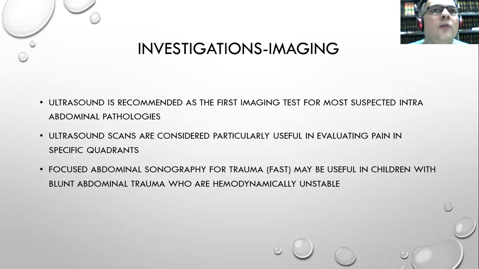If you inform the sonologist that the pain is in the right flank, he would try to find out the specific cause of pain in that area. So that is the benefit of ultrasound, which helps more in abdominal investigations than X-rays. A focused abdominal sonography for trauma, that is what we call FAST, may be useful in children with blunt abdominal trauma who are hemodynamically unstable.